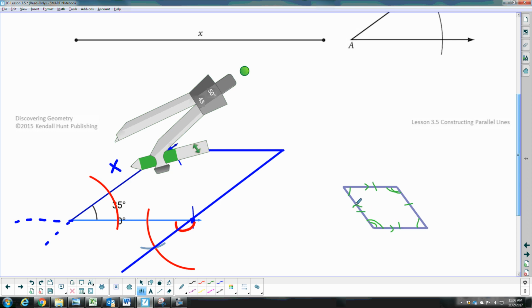And to do this problem, you can either use alternate interior angles conjecture, so duplicating alternate interior angles to find a parallel line, or you can do corresponding angles conjecture, or you could do alternate exterior angles if you wanted. Now, if you do alternate exterior angles, you have to find the measure of this exterior angle, or you have to duplicate this exterior angle.